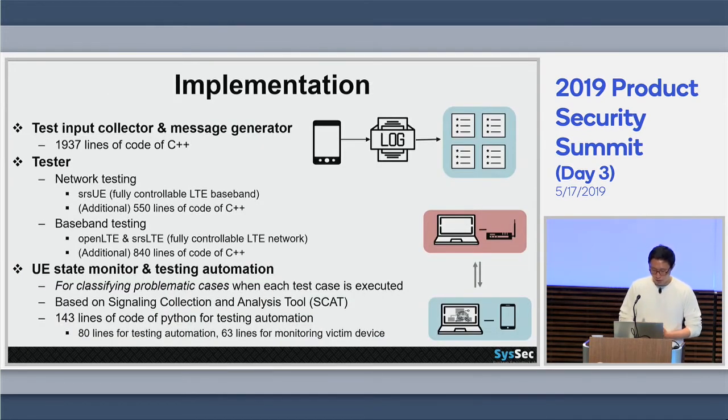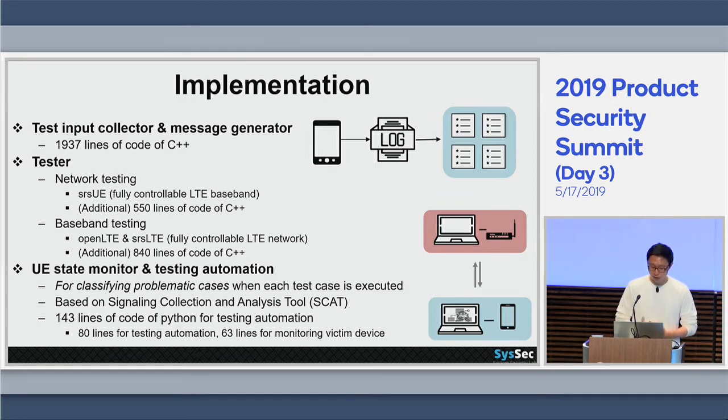For the implementation, we implemented the test input collector and message generator in C language. And for the tester, we modified srsUE, which is a fully controllable LTE baseband, publicly released as open source software.